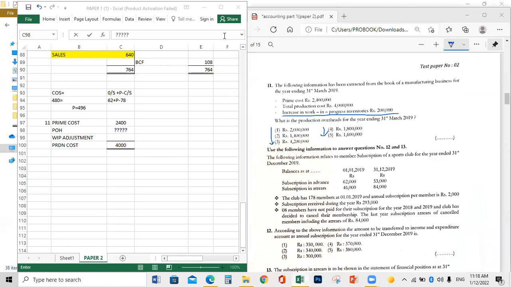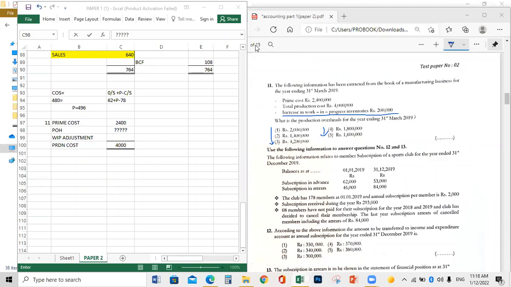Now see, they are telling us the work in progress inventory is increasing by 200,000. Can someone explain what they are trying to say? When they say the inventory is increasing, what does it mean? From what to what?